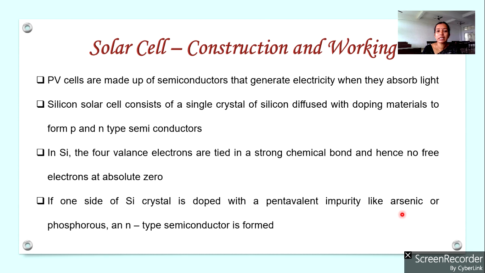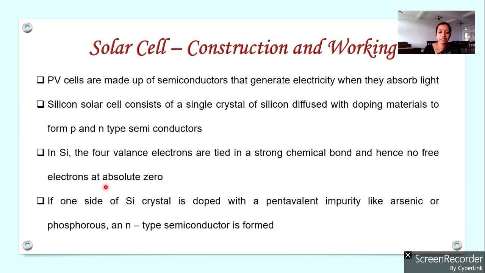We know silicon has 4 electrons in its outermost shell, and when we add a pentavalent impurity, that is an impurity having 5 electrons in its outermost shell, 4 of the outermost electrons of the impurity form covalent bonds with the 4 outermost electrons of silicon, and one of the electrons becomes a free electron.